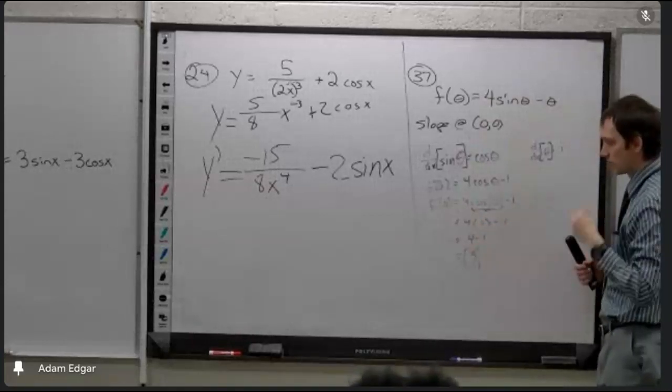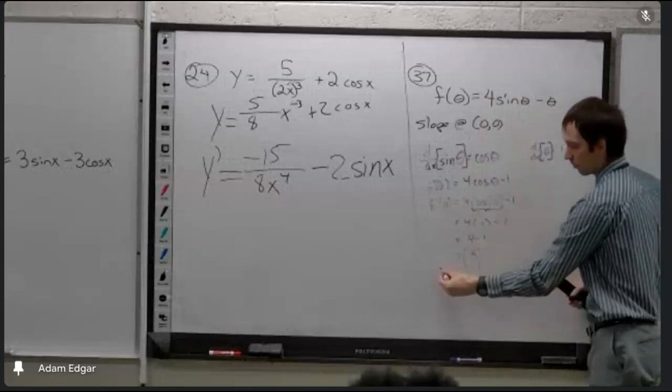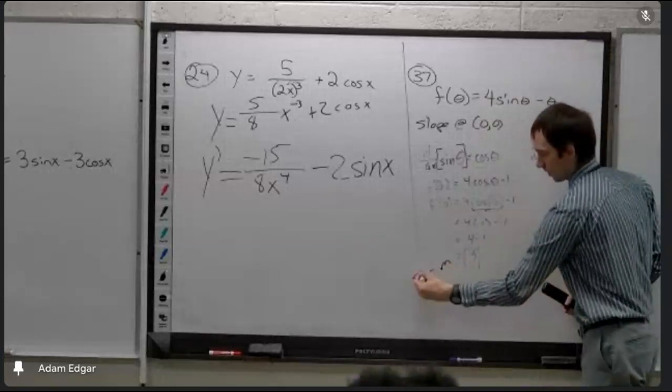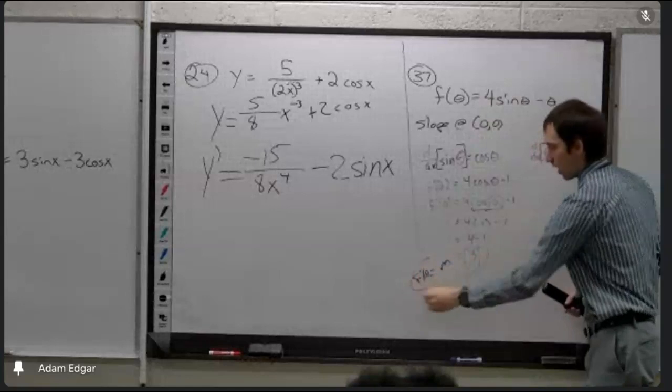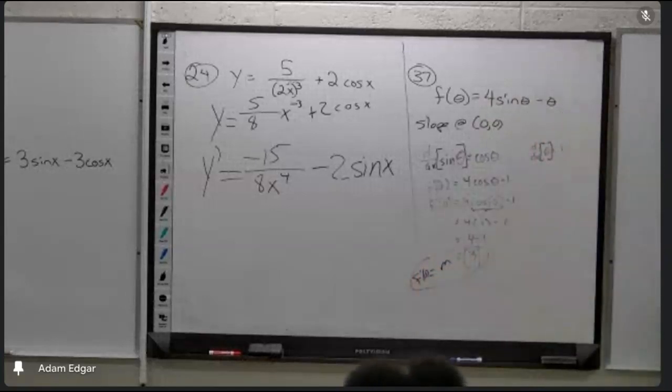And you could label this as either f prime of 0 or m, because they're the same thing. So that's great. So again, you're differentiating each term separately.